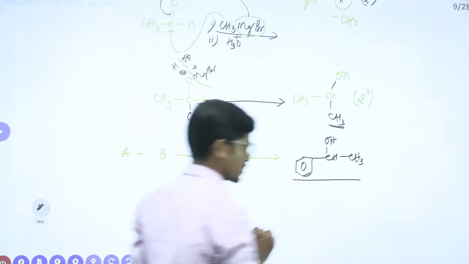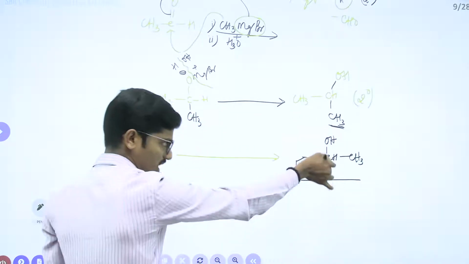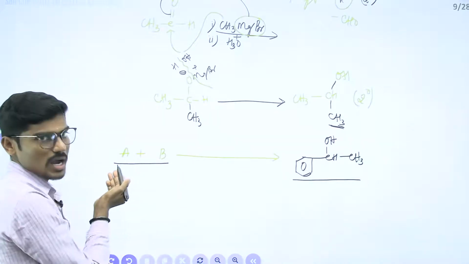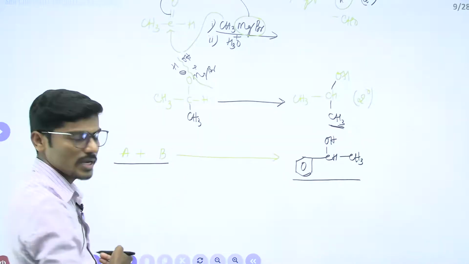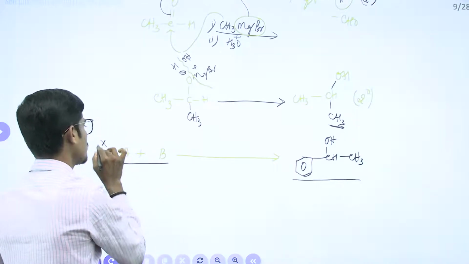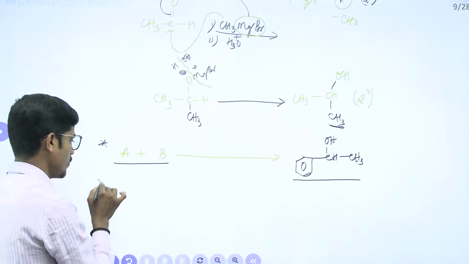So this is the product, secondary alcohol. To get this product, what are the reactants you have used? One will be an aldehyde and the other one will be Grignard reagent. Select the aldehyde and Grignard reagent. That is, identify A and B in the following reaction.